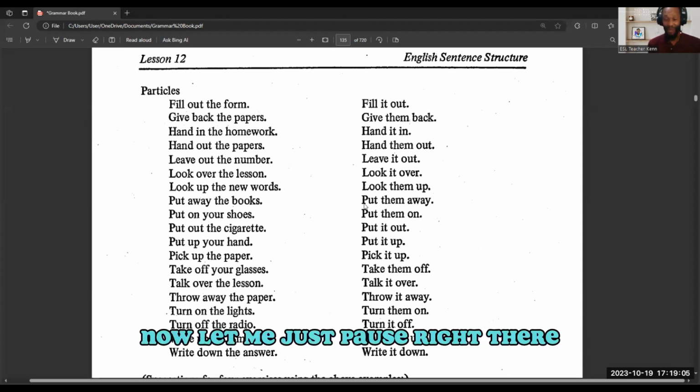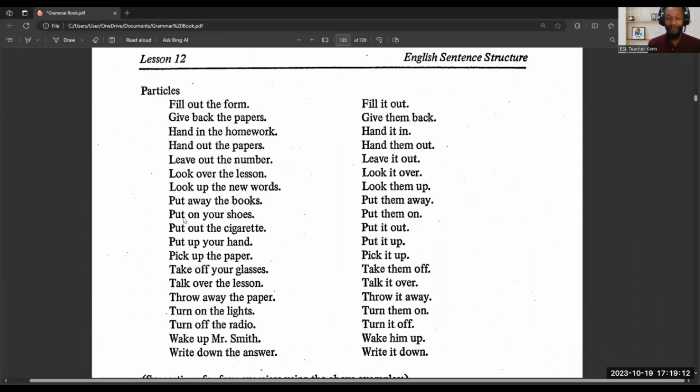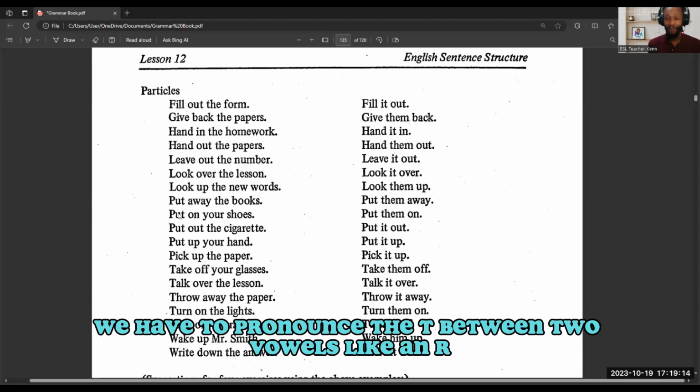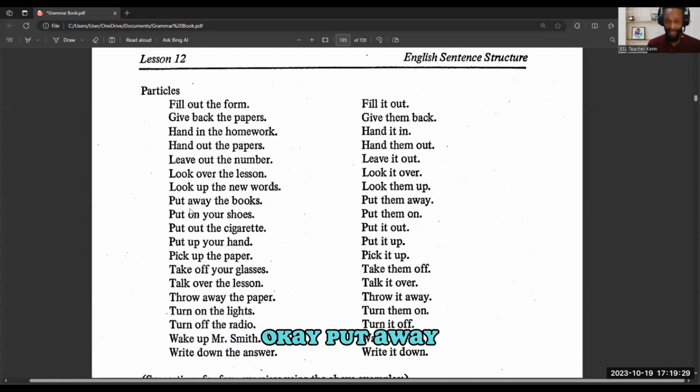Now, let me just pause right there to explain something real quick, okay? Now, we have to pronounce the T between two vowels like an R. That's why we say put away and not put away, okay? Put away. And here we have two things.